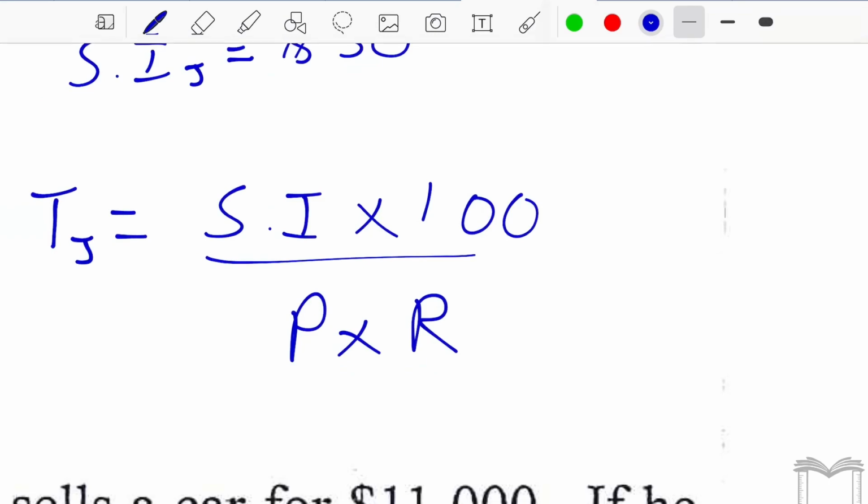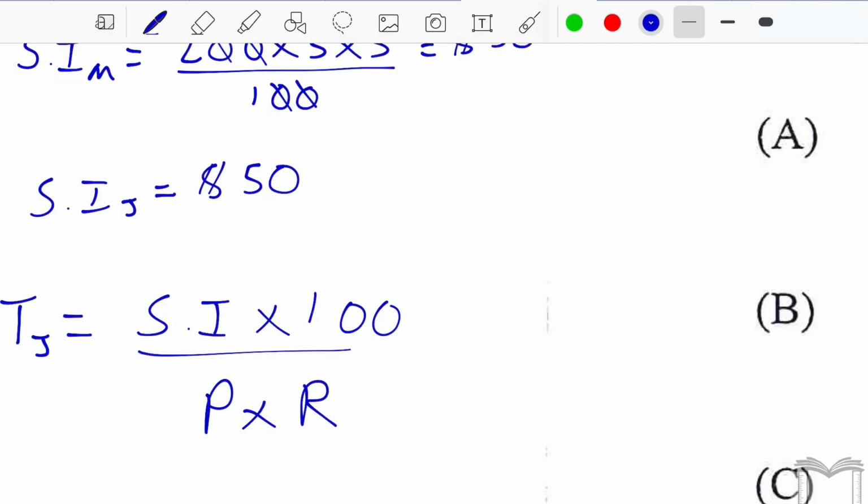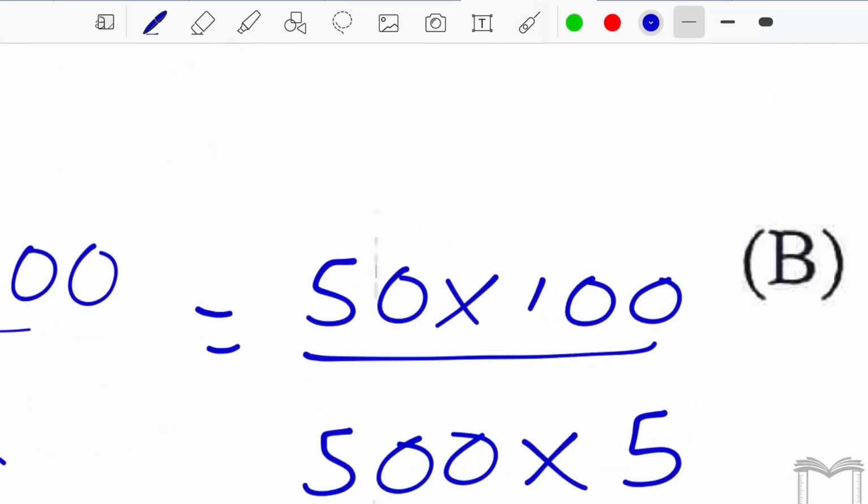If you don't know that, you can take this down. So the simple interest, as we calculated from Mary, is equal to $50. We multiply by 100 divided by the principal, which is 500, multiplied by the rate, which is 5%.